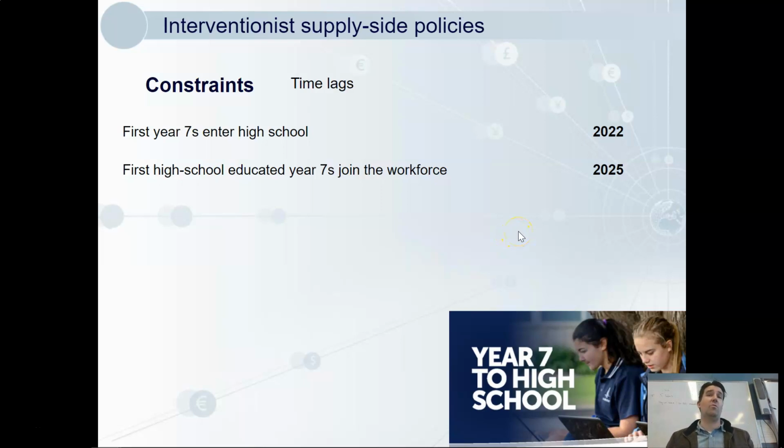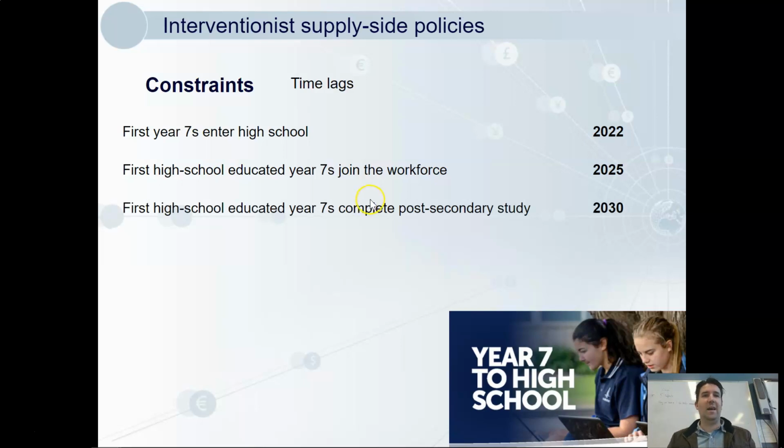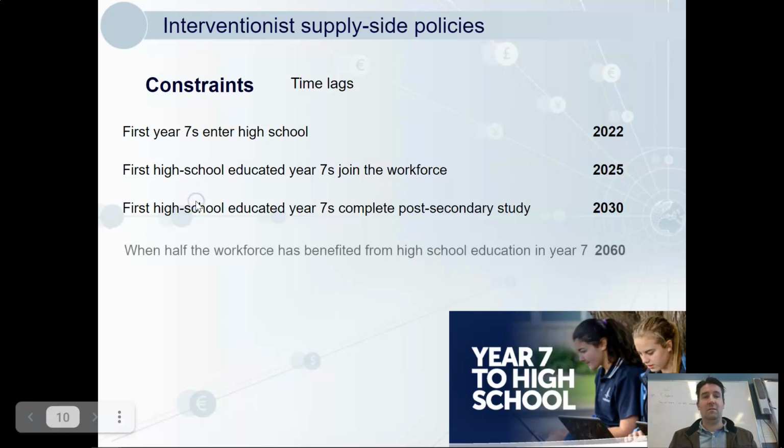They're doing this about careers. So after the students have finished school and done some sort of post-secondary qualification. That means we're looking at around 8 to 10 years until we see any real benefits of this policy, and decades actually, until more than half the workforce has had this improved education. So a very long time lag before we get the benefits here.